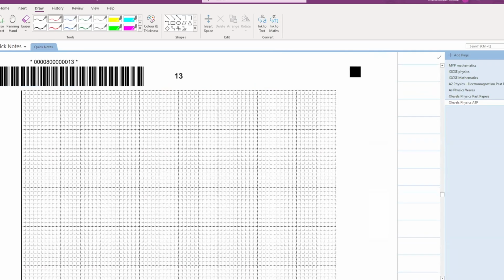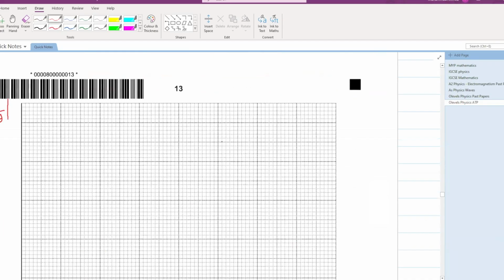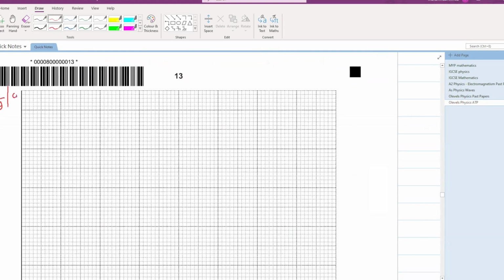First of all, mark the axis: 1 over d, what are the units? Centimeter minus 1. 1 upon centimeter can be written as centimeter minus 1. There is no harm in that. Please avoid writing on the barcode like this.